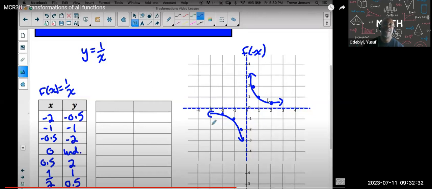Basically you can never get y equal to 0, and over here x can never equal 0 because you have undefined. So you have asymptotes x equal to 0 and y equal to 0. Again, you can get really, really close. That's just showing you, but you'll never get past 0.